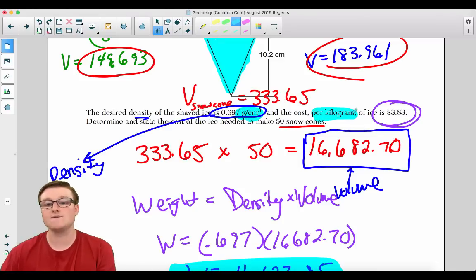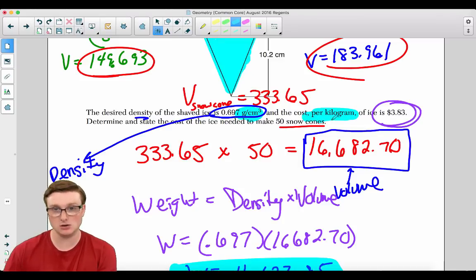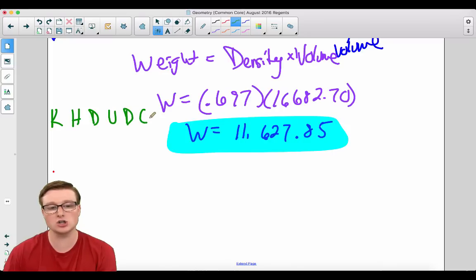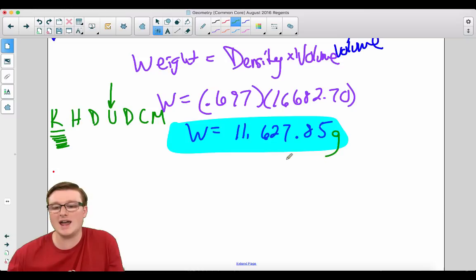They're asking you for kilograms. You should remember from science class or maybe geometry class, I'm not so sure, the acronym King Henry drinks ultra dark chocolate milk. Your U is your unit measure. In this case, it's a gram. Kilograms is the big K over here. So we need to convert grams to kilograms by moving the decimal place 3 times to the left.